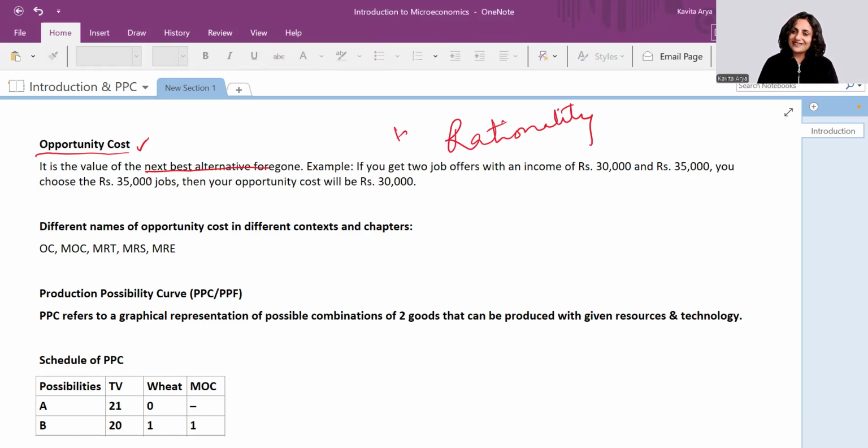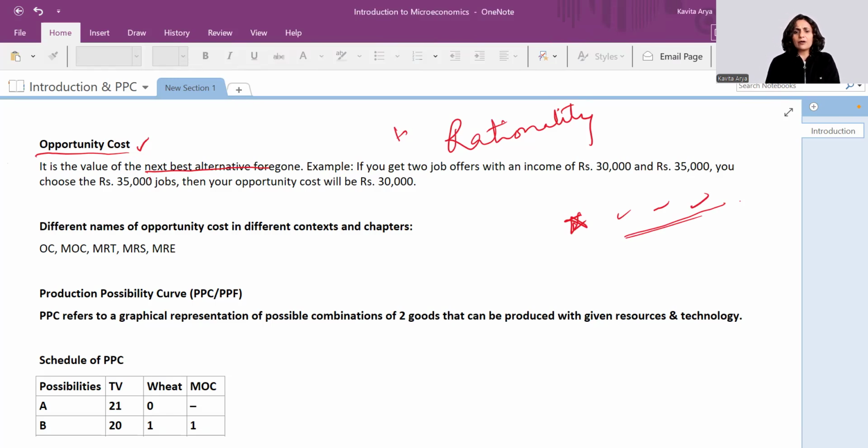Rationality is the pre-assumption of any chapter, that we are behaving in the optimum, the best possible, rational manner. That's why we say next best alternative. Because if we are given 1, 2, 3 and 4 alternatives, I would definitely choose the best for me. So whatever was the next best which I did not avail is my opportunity cost.